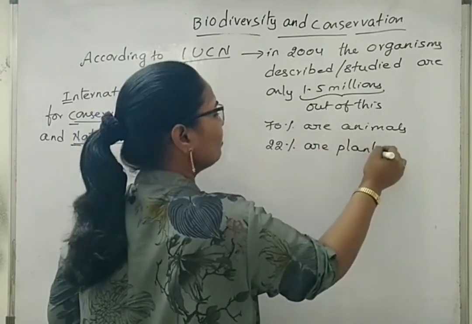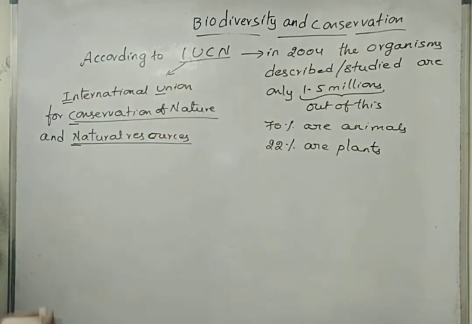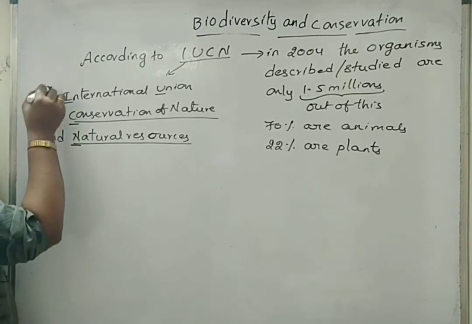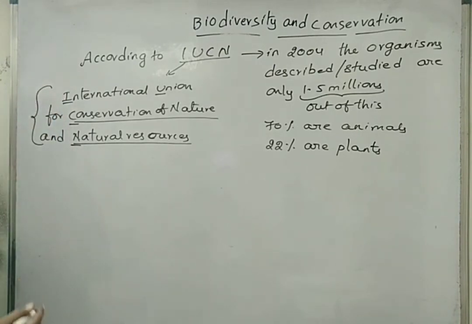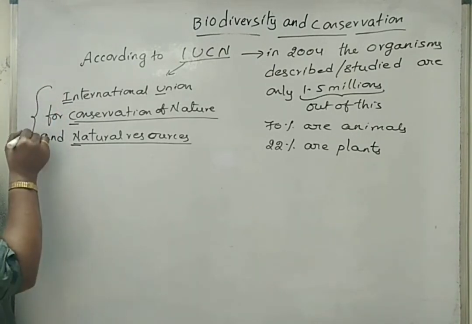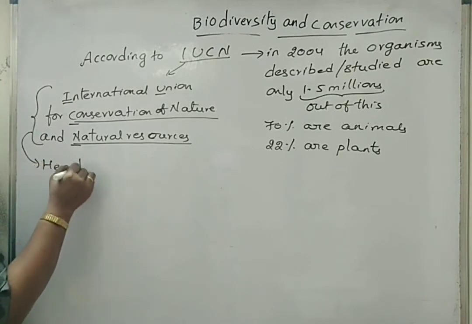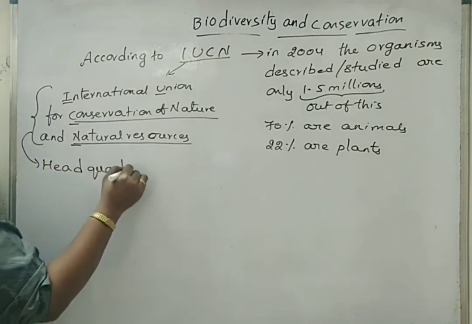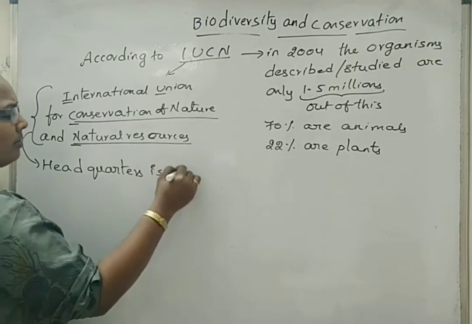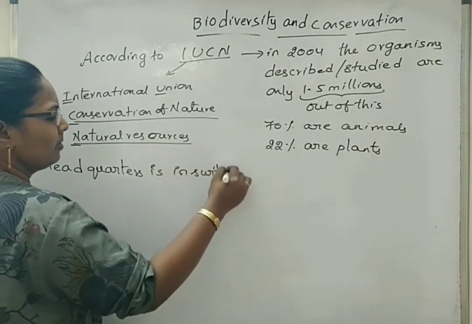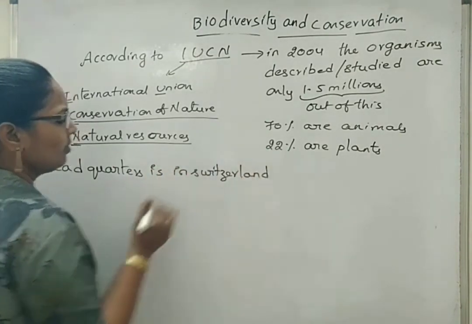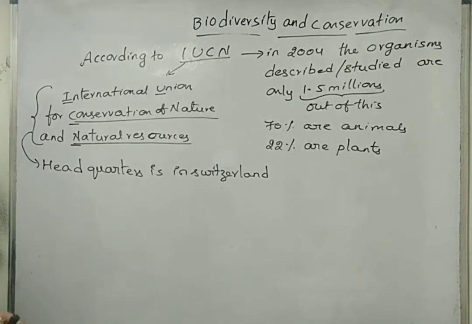The remaining may be microbes, etc. Now, where is the headquarters of IUCN? Headquarters is in Switzerland, in an area called Gland. There, this organization exists.